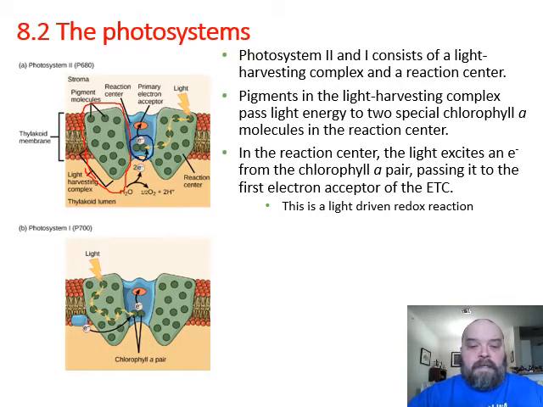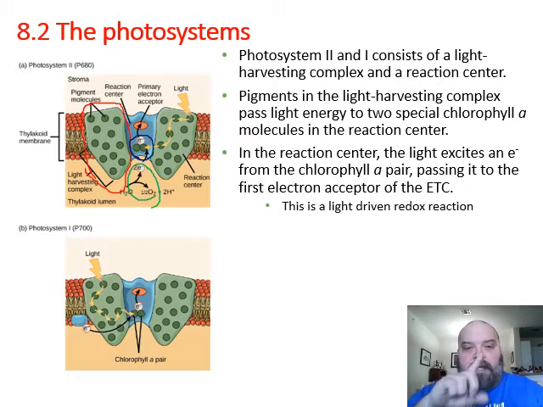And the best way for that to happen is to just take some from water. Water, H2O. The electrons from the hydrogens are stripped off. The remaining protons are dumped into the lumen of the thylakoid, and that oxygen that's left over is a waste product. It'll combine with another oxygen, form O2, which will be released by the cell through the stroma, out of the leaf, and then you get to breathe it in.